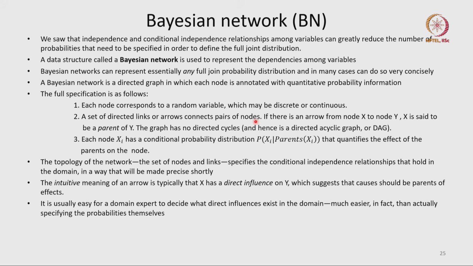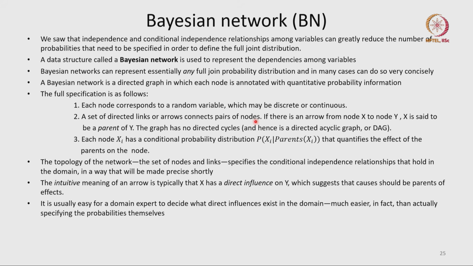Suppose you have an arrow which goes from node x to node y, it means that node x influences node y, or node x is the parent of node y. So, node y is dependent on node x.